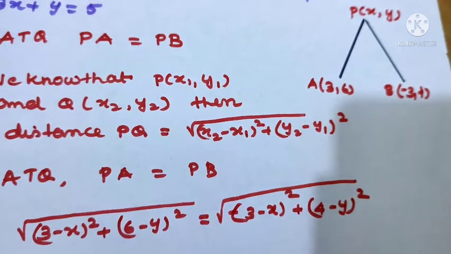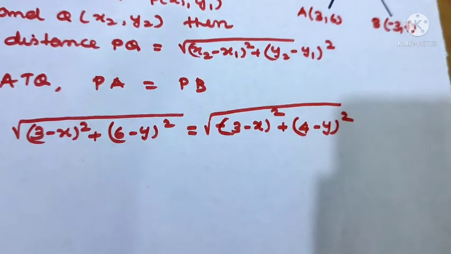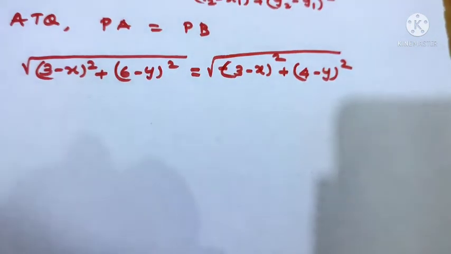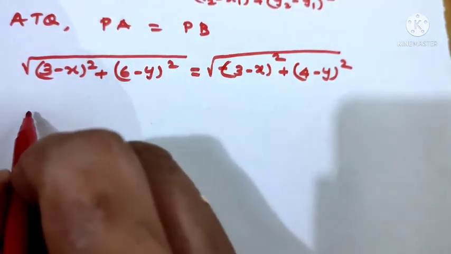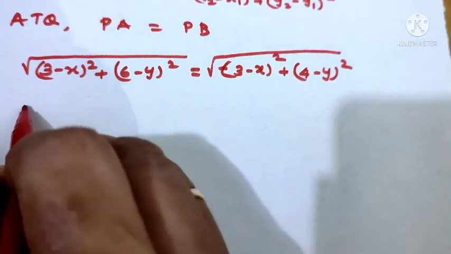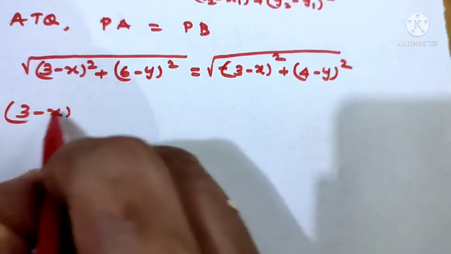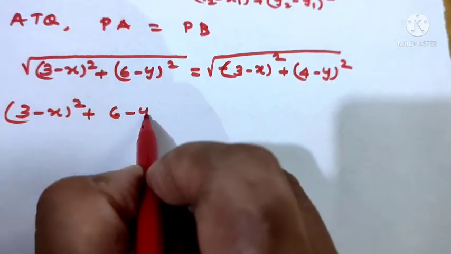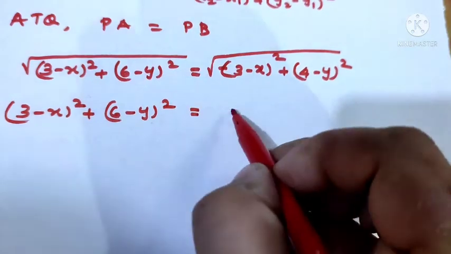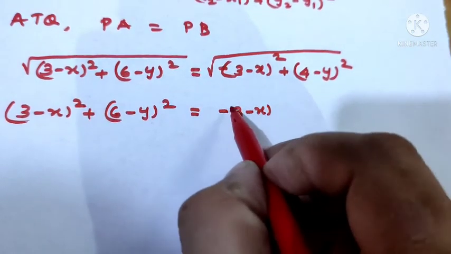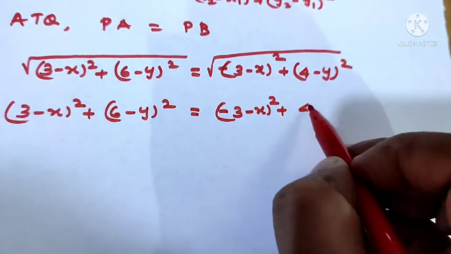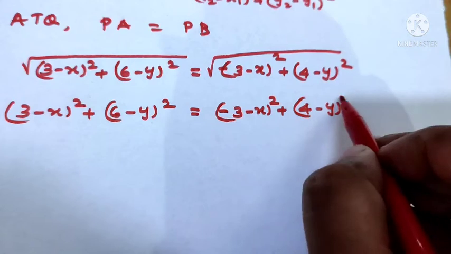Right, now we are doing squaring on both the sides. Now the diagram is not required. So we can remove the root. (3 minus x) whole square plus (6 minus y) whole square equal to (minus 3 minus x) whole square plus (4 minus y) whole square.